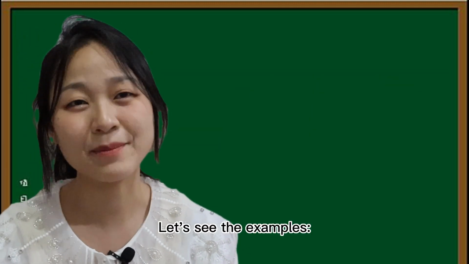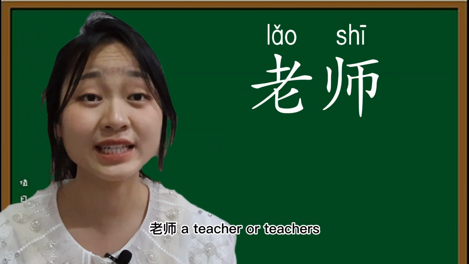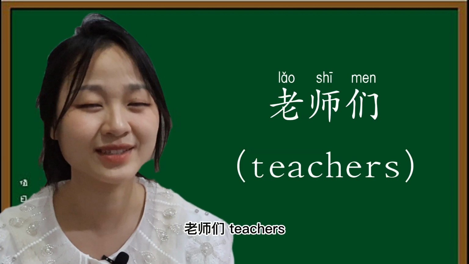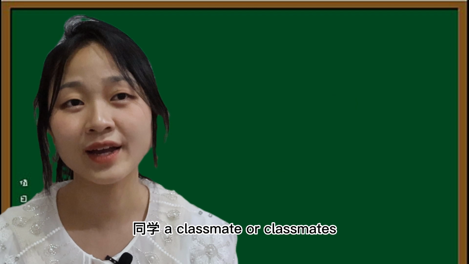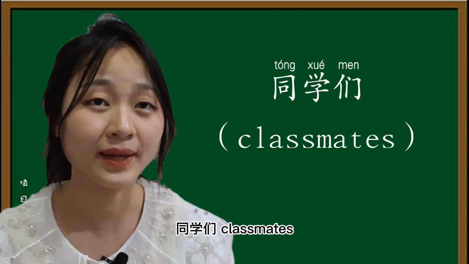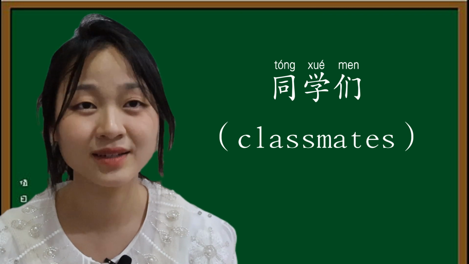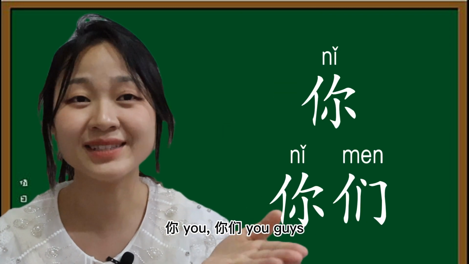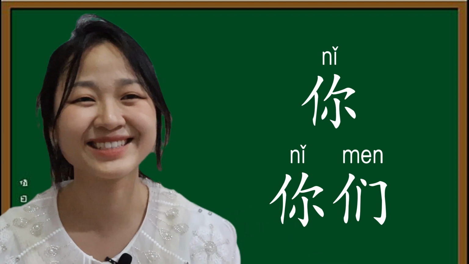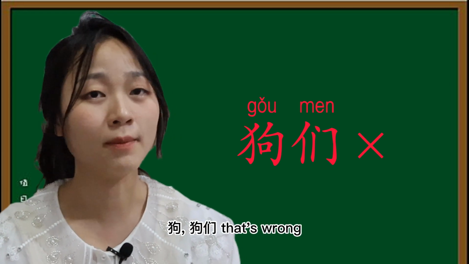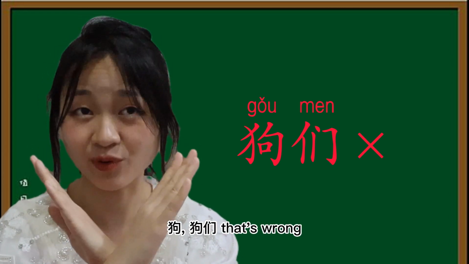Let's see the example. 老师, a teacher or teachers. 老师们, teachers. 同学, a classmate or classmates. 同学们, classmates. 你, you. 你们, you guys. 狗, a dog. 狗们, no, it's wrong.